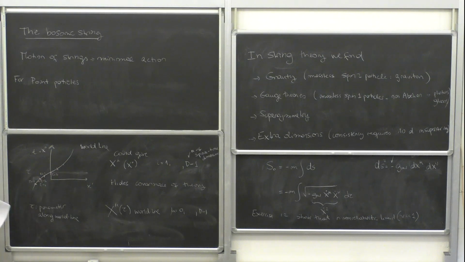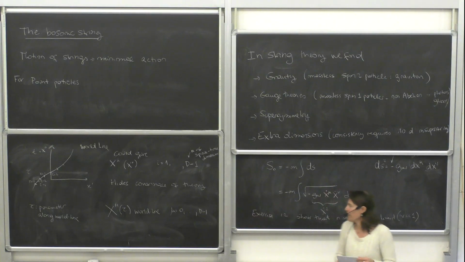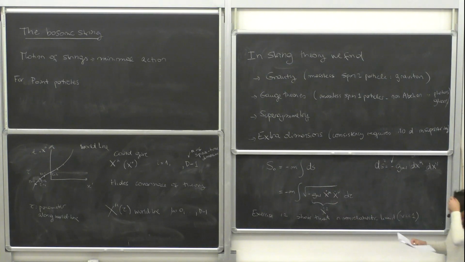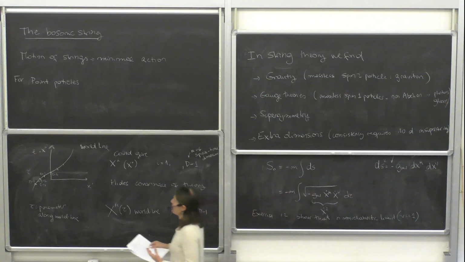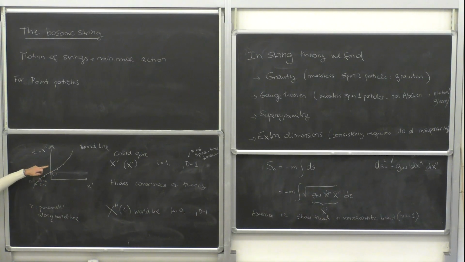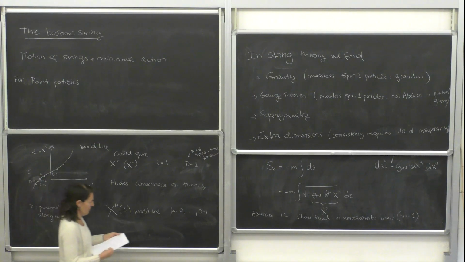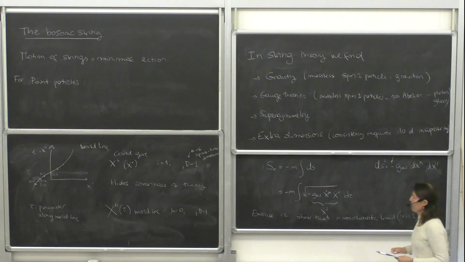But the action will be the same and the equations of motion will be the same. In that sense, this is reparametrization invariance. Reparametrizations are like diffeomorphisms on the worldsheet, so changing this tau is like doing a diffeomorphism on the world line. I'm going to write that explicitly, but for the string.